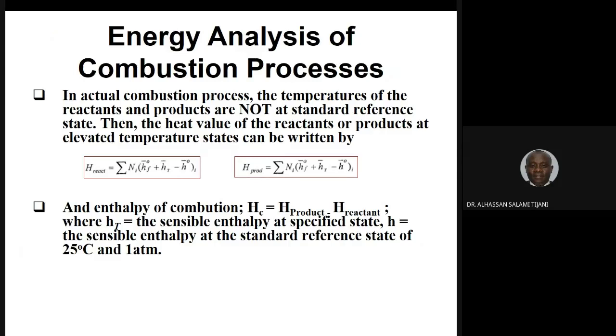Now, this enthalpy of the reactant can be defined as the sum of the number of moles of each species in the reactant times, in brackets, the enthalpy of formation at standard state, plus the enthalpy at reference state minus the enthalpy at standard state.